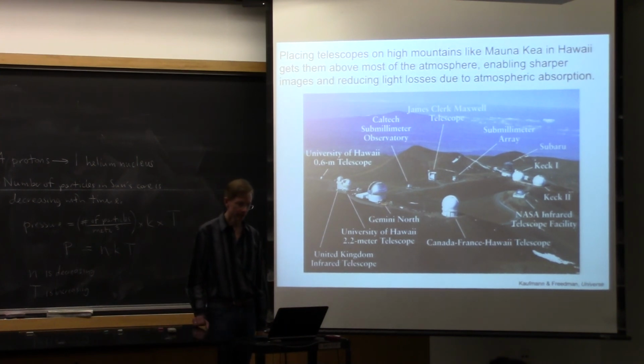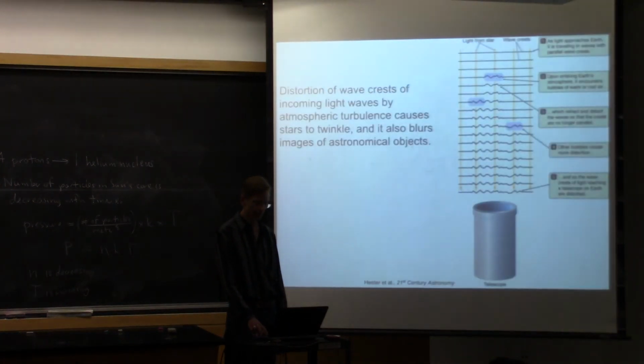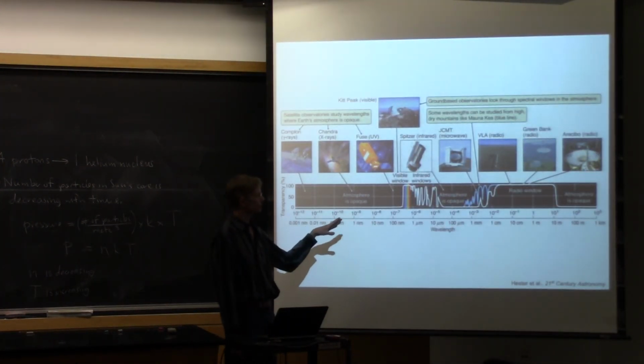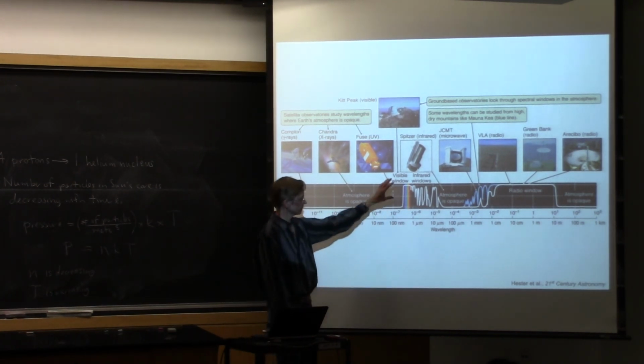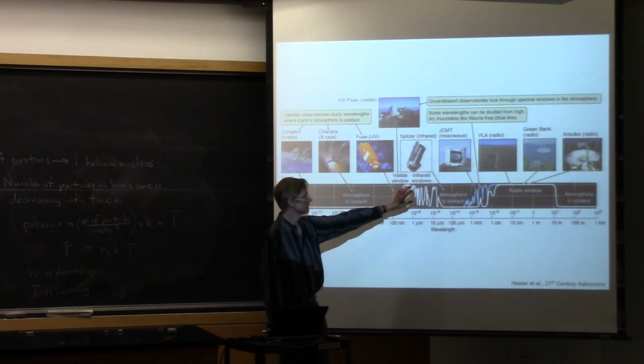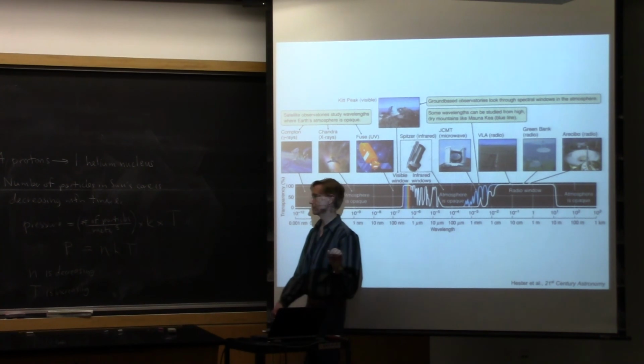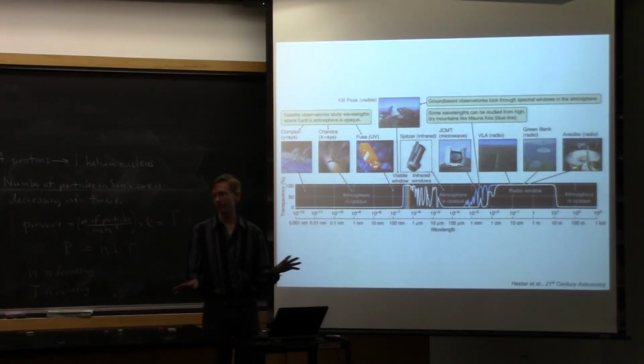There's a good section in the Mastering Astronomy about that that goes through all of that. But really what it comes down to is actually fairly simple. We can see visible light and radio waves on the ground, and pretty much nothing else.